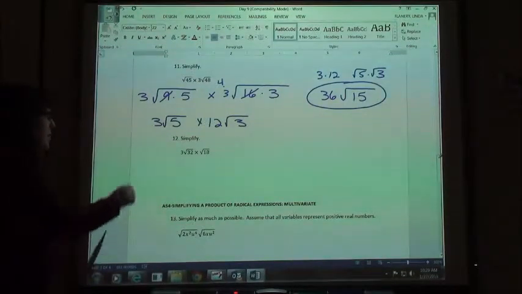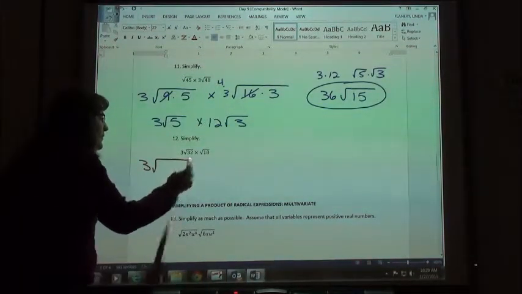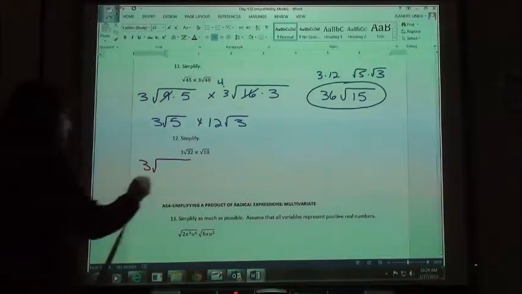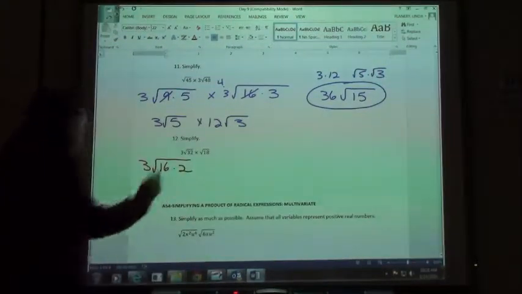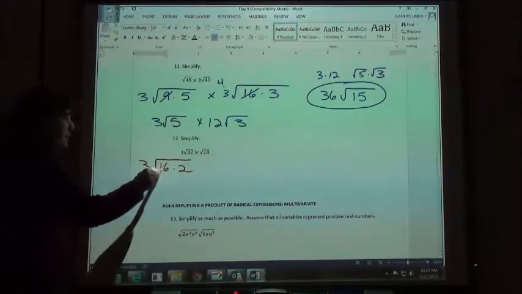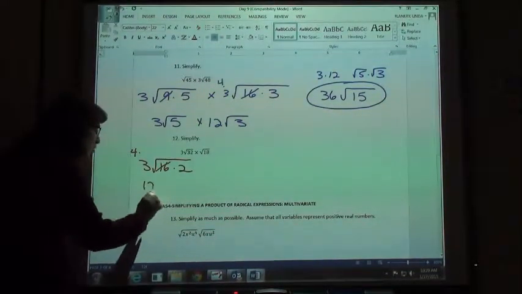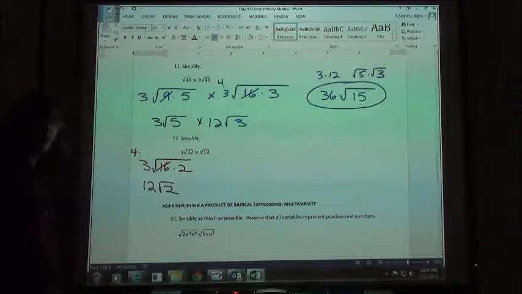Number 12 then. We have 3 square root of 32. 32, what can we divide into 32? 16, right? 16 times 2 is 32. Square root of 16 is 4, so 4 times the 3 in front gives us 12, square root of 2.